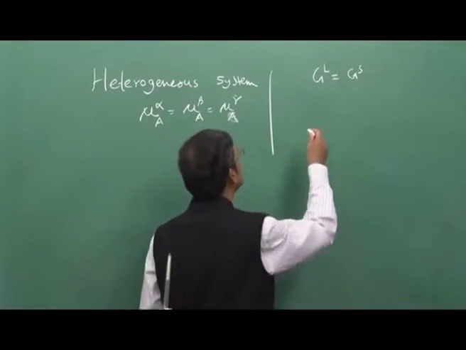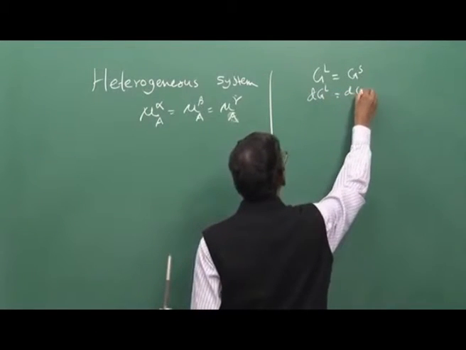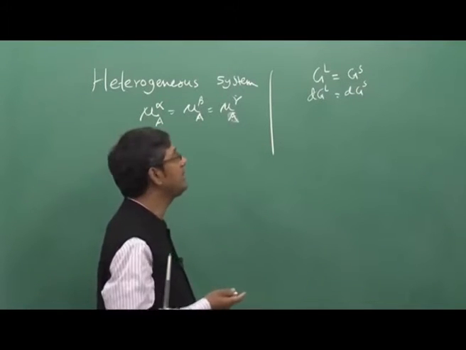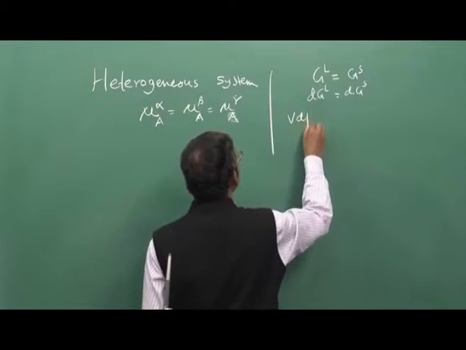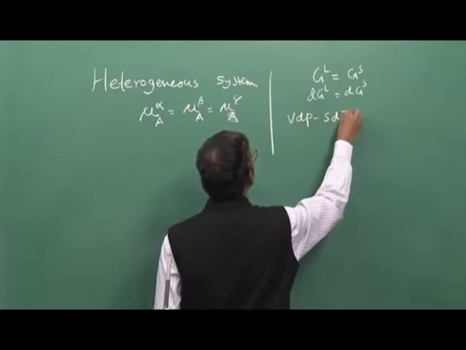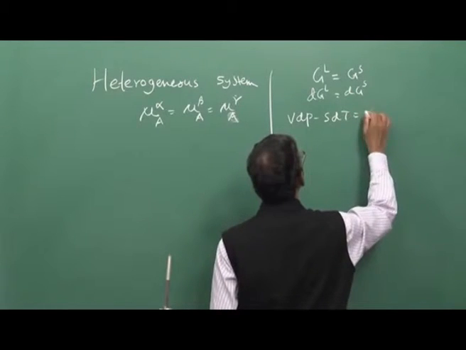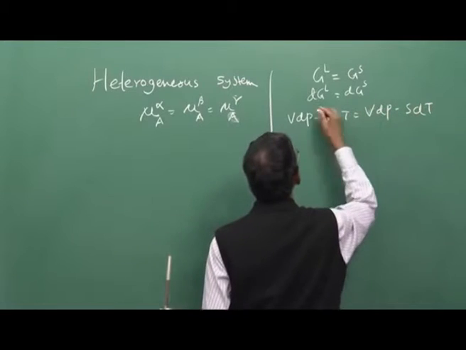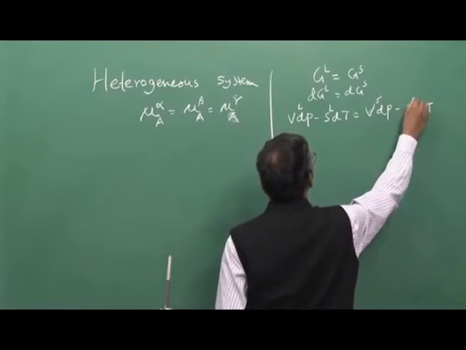Therefore if I take a differential on both sides, this will also be equal: dGL will be equal to dGS, and I know that dG is given by VdP minus SdT. So let us write these down on both sides: VdP minus SdT, with L on one side and S on the other.